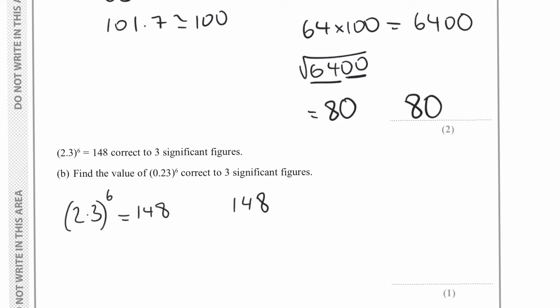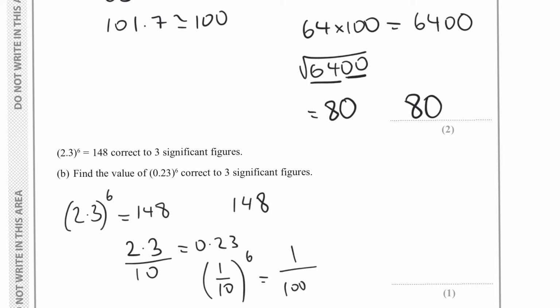And the reason why is because to go from 2.3 to 0.23 is the same as actually dividing by 10. If you now worked out a tenth to the power of 6, you'd end up getting 1 over a million. And so essentially you're going to end up dividing this 148 by a million, okay?